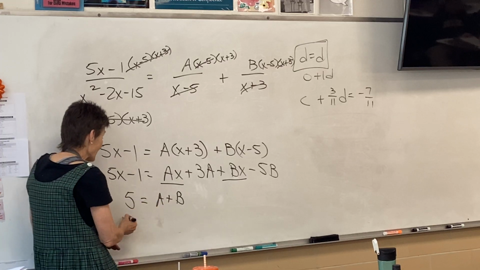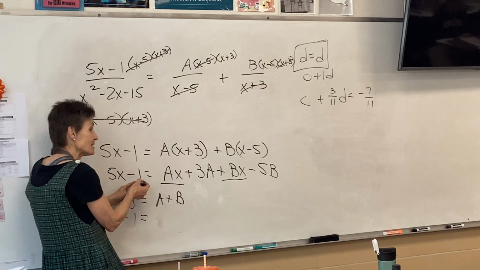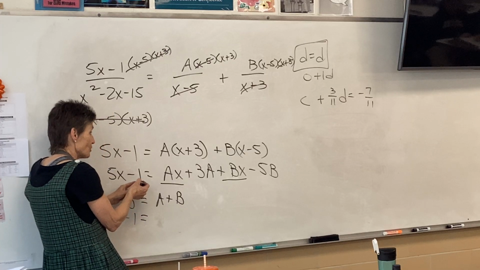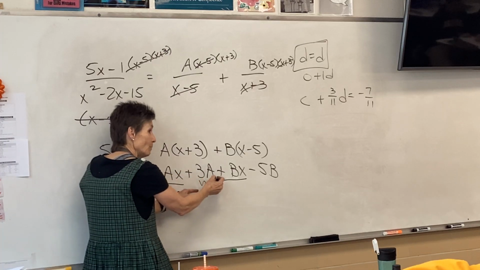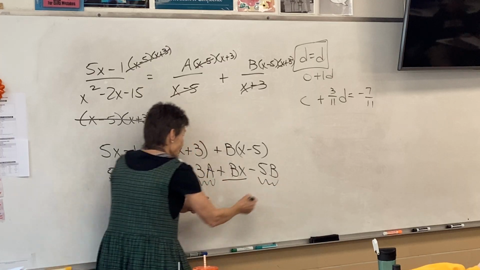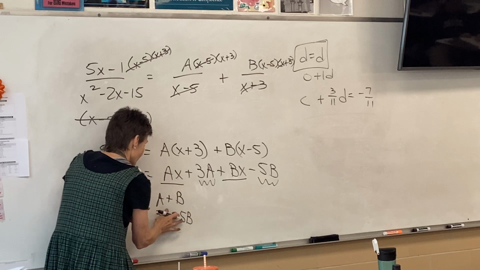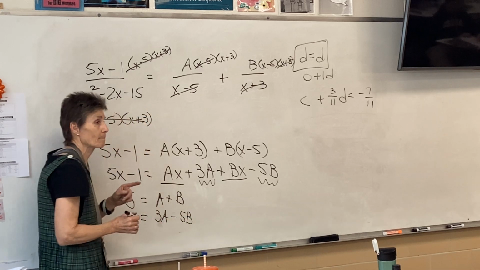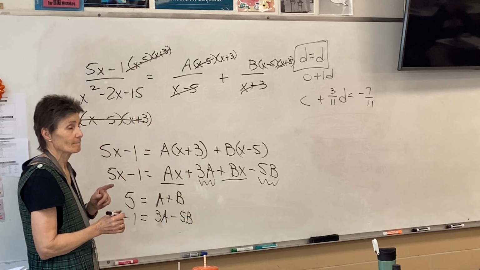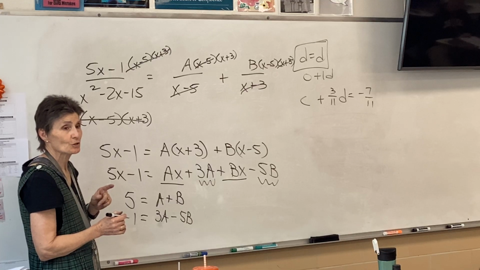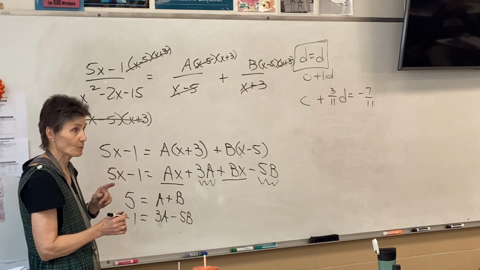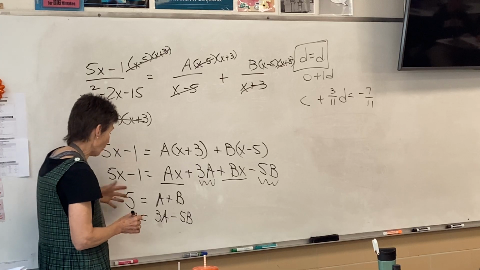And then what does negative 1 have to be? Well, it doesn't have an x. So it has to add up to 3a minus 5b. Are you agreeing with that? Okay, now what is that?